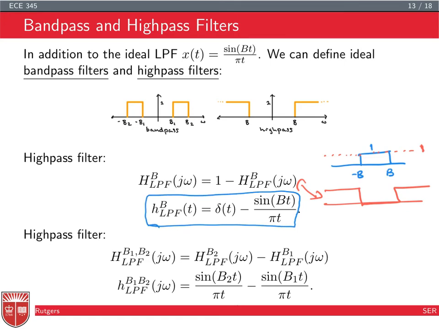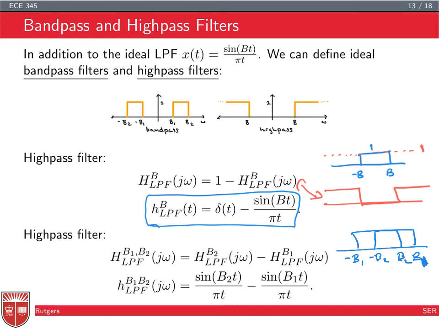Now for the filter that lets frequencies between B1 and B2 go through, I can subtract in the frequency domain. You can think of it as the subtraction of two low pass filters in the following sense. Let's suppose I have one between minus B1 and B1, and another between minus B2 and B2.